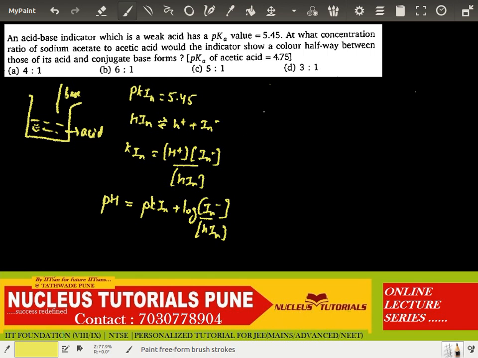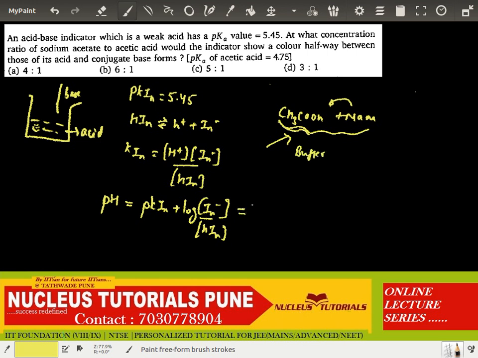But then the indicator is placed in a container where a titration is happening, between acetic acid and NaOH. Now, if we see the pH of the surroundings from the titration perspective, as you go on putting NaOH slightly, there would be undissociated or unreacted acetic acid, and some of the acid would have reacted with NaOH to form the salt, which means this is the case of a buffer in the same medium.